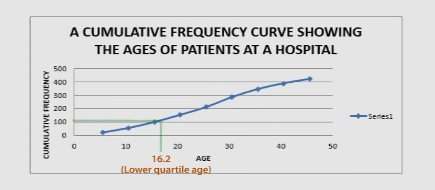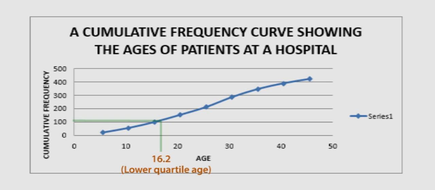We indicate 105.25. We move horizontally to the cumulative frequency curve. Then we move vertically down, and from the graph, we are getting 16.2. That becomes the lower quartile mark for the data. In other words, in terms of age, it is 16.2.